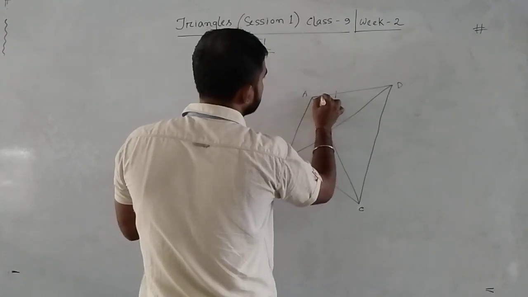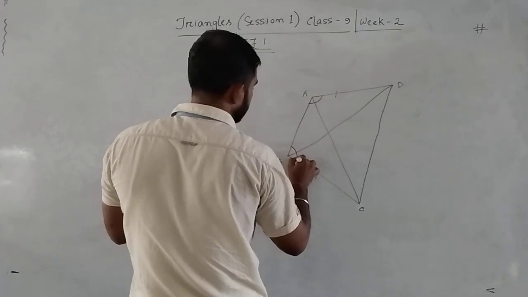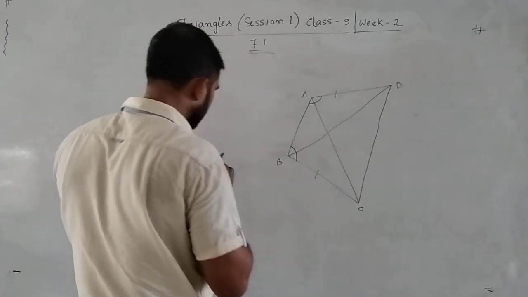These two are equal sides, these are equal angles. Prove that. What to prove?